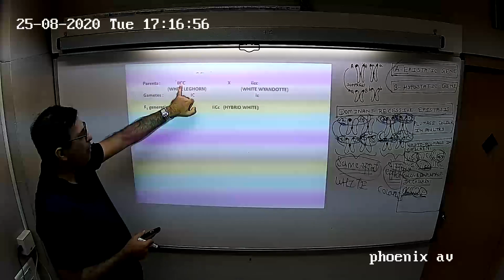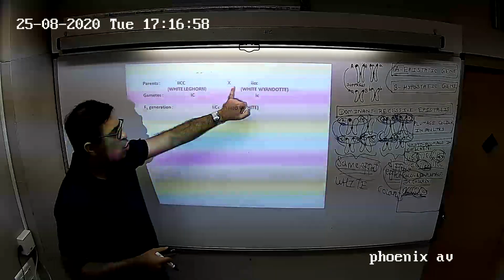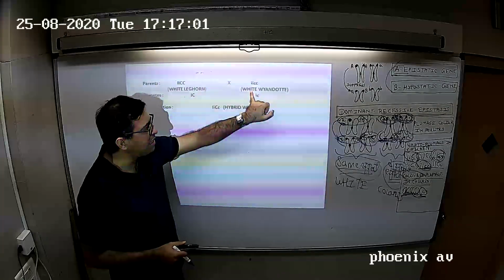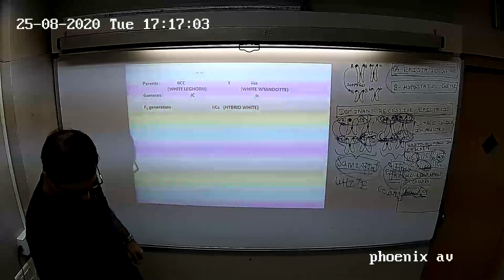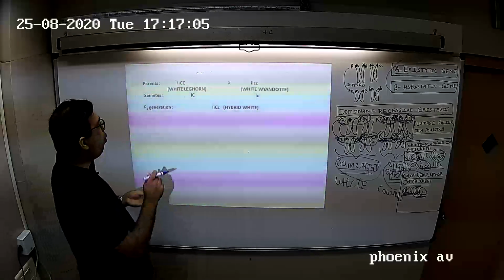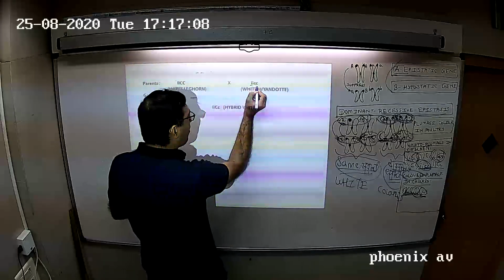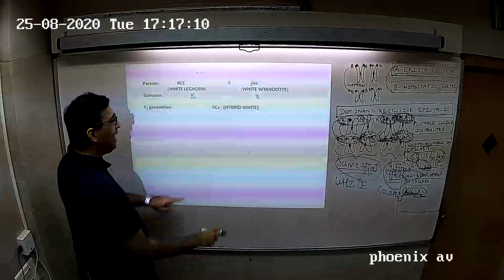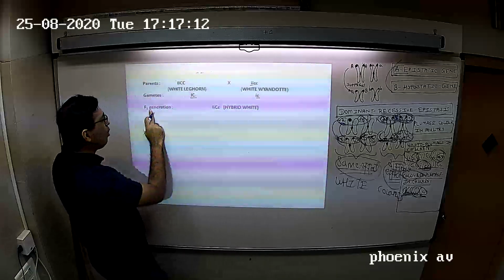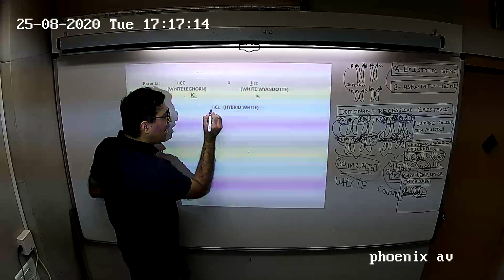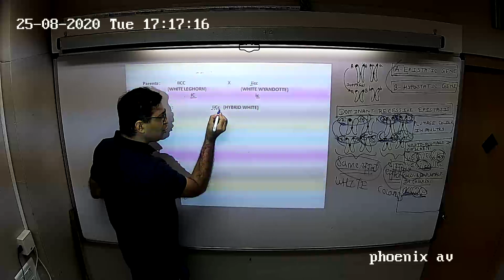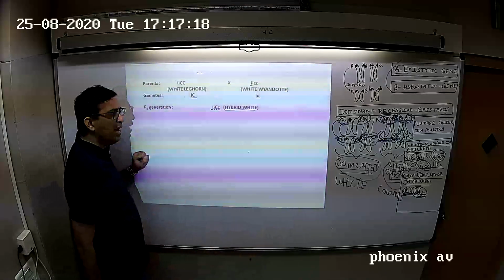Capital I, capital C, white leghorn. Small i, small c, white yan dot, which is another name for it, will form gamete capital I, capital C, and small c. And when they are brought together, what does F1 generation show? Capital I, capital C, small c, which is a hybrid white.